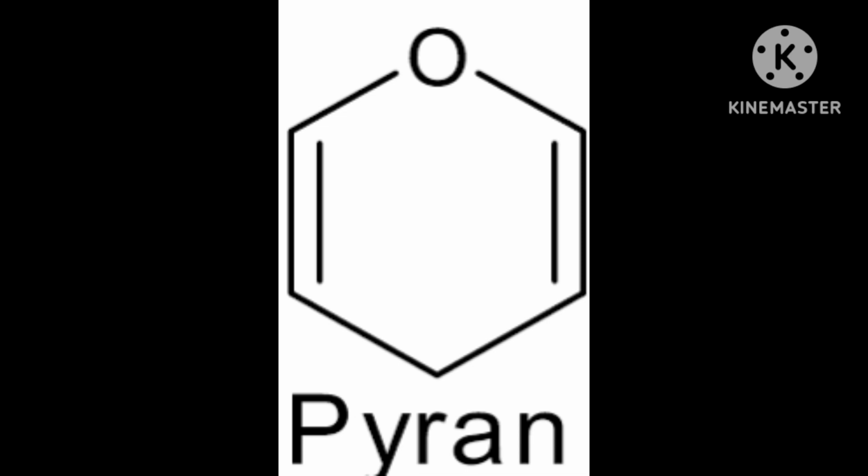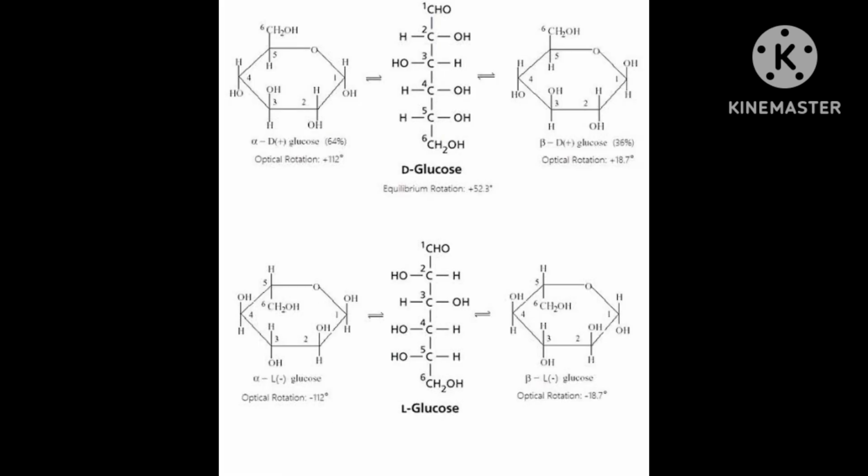I have told you that CHO was there, correct? From that CHO, the C=O double bond is there, C and O. Then the double bond will become a single bond.